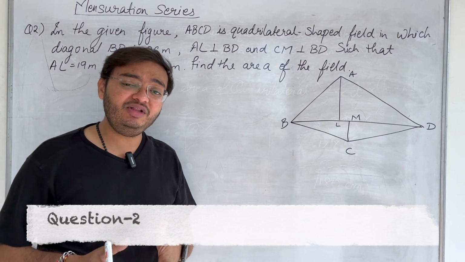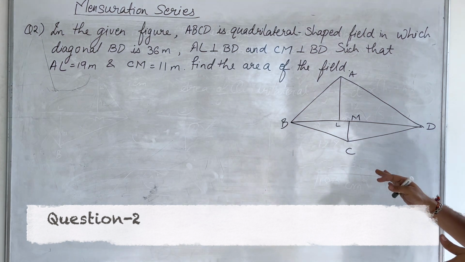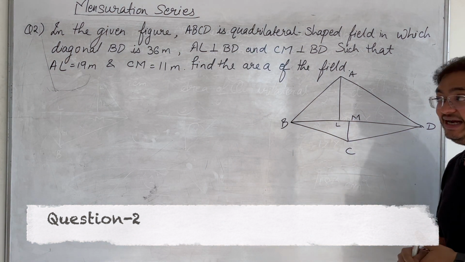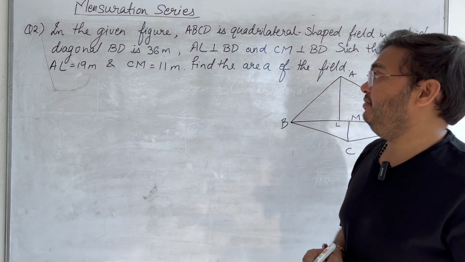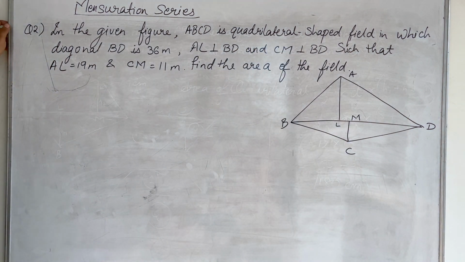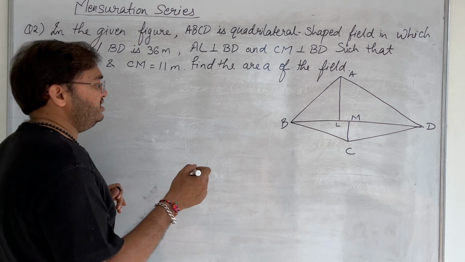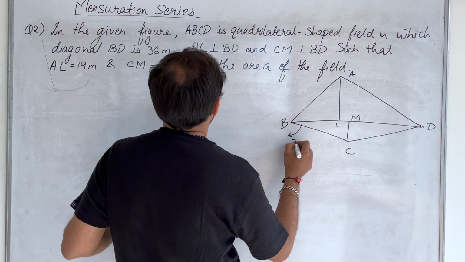So here I am with the second question. I have taken a quadrilateral only for your easy understanding. In the given figure, ABCD is a quadrilateral. As we can see, it's an irregular quadrilateral shaped field in which the diagonal BD is 36 meter.